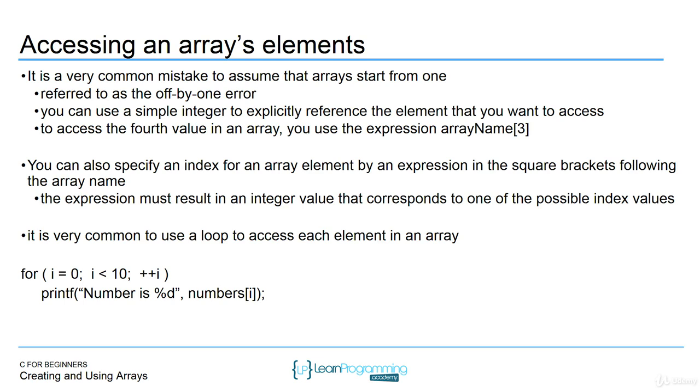What we're doing here is displaying the numbers in the array. So we're saying printf number is %d and then numbers sub I. I is a variable. You can use a variable in an expression as long as that variable represents a number from 0 to 9, and in this case it does. It's very common to use for loops to iterate over an array, to either access the elements or write data to those elements.